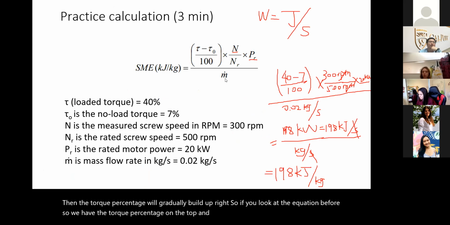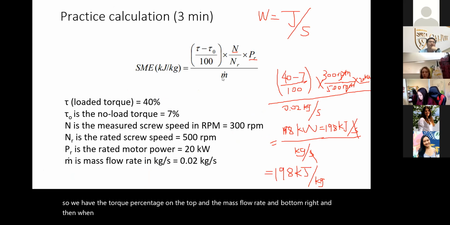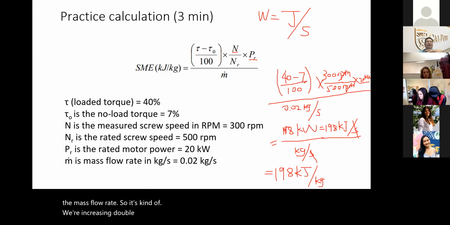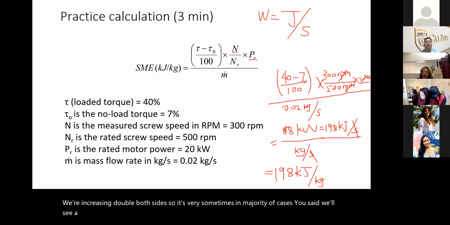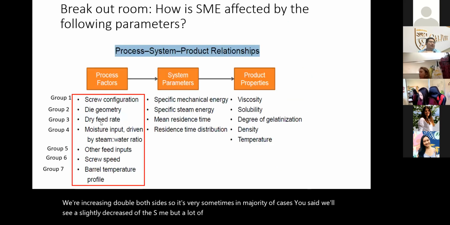When we increase the mass flow rate, we are increasing both the torque usage and the mass flow rate, so we're increasing both sides. In the majority of cases, as you said, we'll see a slight decrease of the SME, but in a lot of cases, the SME will stay in a relatively constant range.